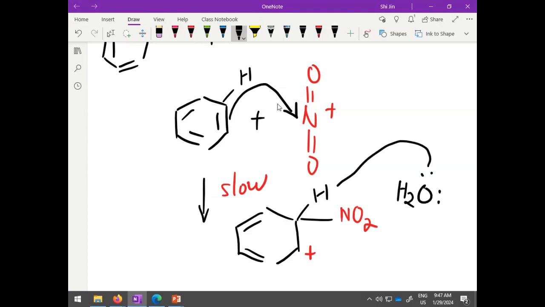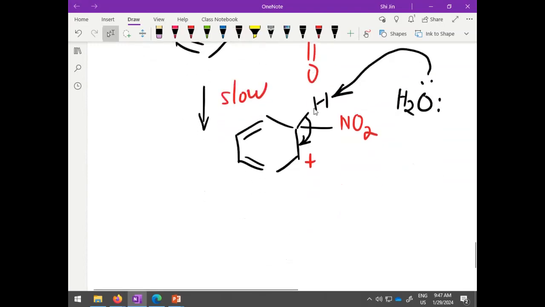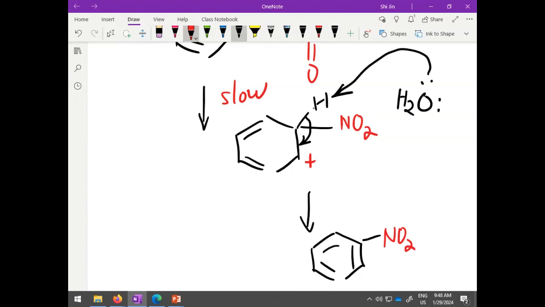So water can serve as the base here. So the second step is a pretty fast reaction.